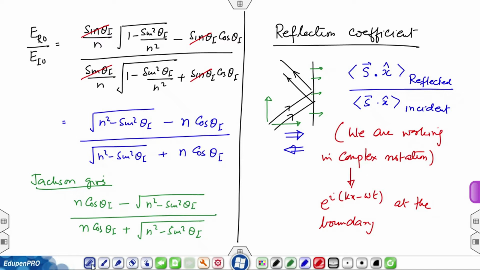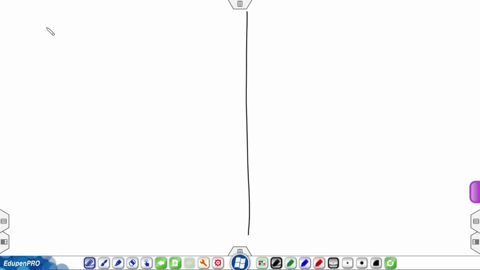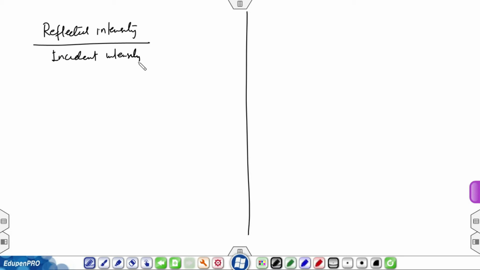So, now in this case, if I am talking about the ratio of reflected intensity divided by incident intensity. Now, remember this S is nothing but 1/2 V epsilon mod E square. Right, this comes from that 1/mu0 E cross B star divided by 2.